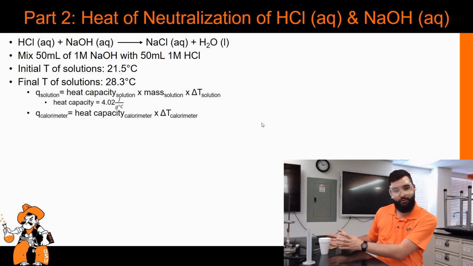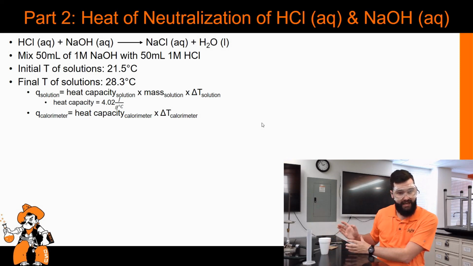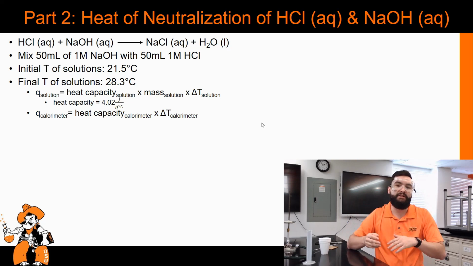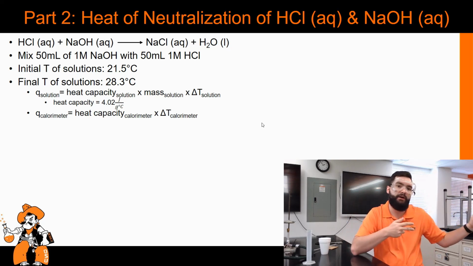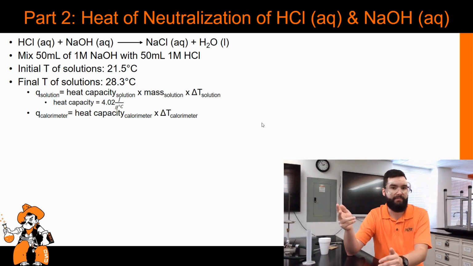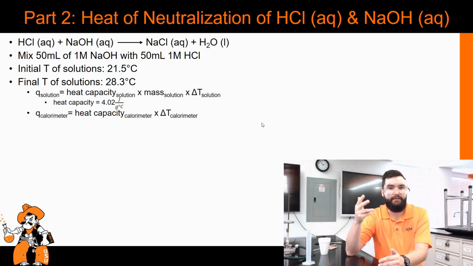So the heat absorbed by the calorimeter that actually escaped from the solution into the calorimeter can be calculated as the temperature change of the calorimeter times the heat capacity of the calorimeter. The heat capacity of the calorimeter is what we calculated on the previous slide. So you need to use whatever that heat capacity is and multiply it by the temperature change of the calorimeter.